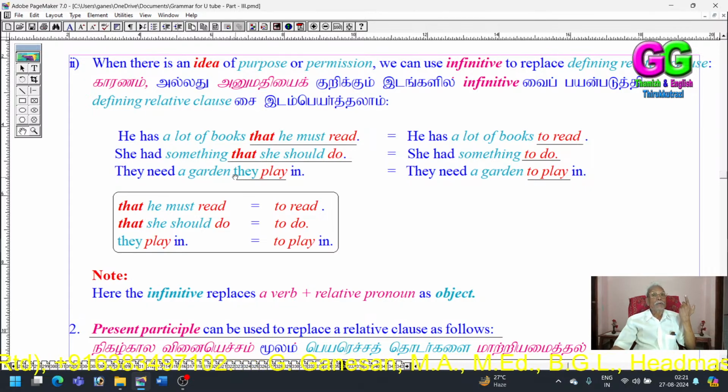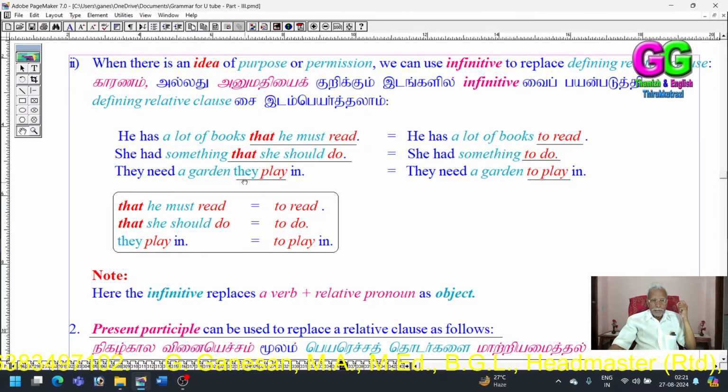Another: "They need a garden they play in." Here there is no relative pronoun. You've already seen that we can frame relative clauses using who, that or which, or without any relative pronoun. So this sentence has been formed without a relative pronoun. "They need a garden they play in."